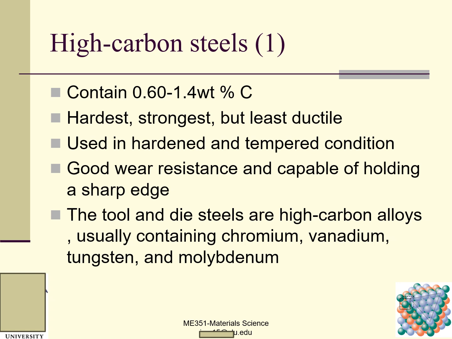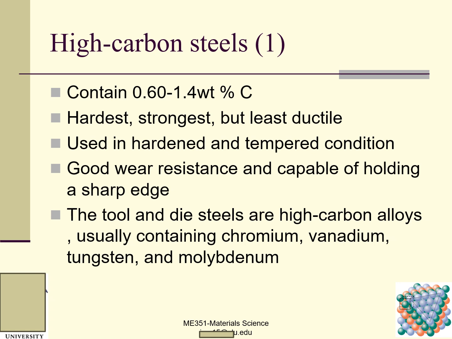Then we talk about high carbon steels. For this category, they usually contain 0.6 to 1.4 weight percent carbon, and they are the hardest, strongest, but least ductile, used in hardened and tempered condition. Because of their excellent hardness, they have good wear resistance and are capable of holding a sharp edge.